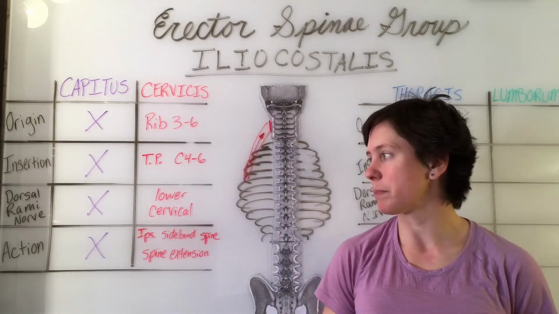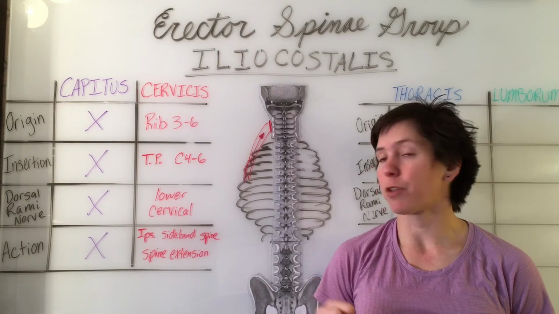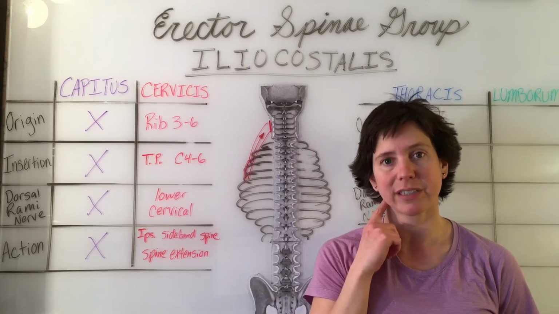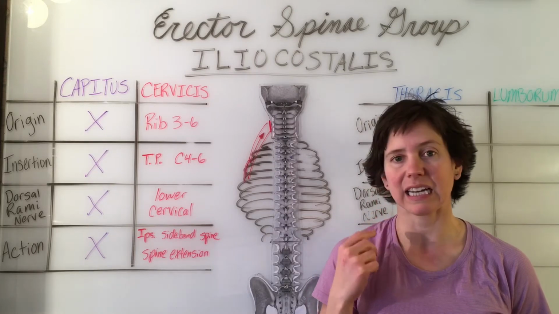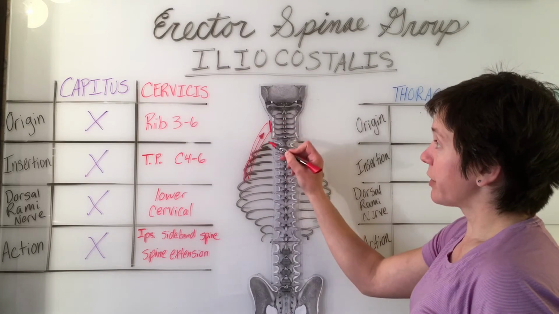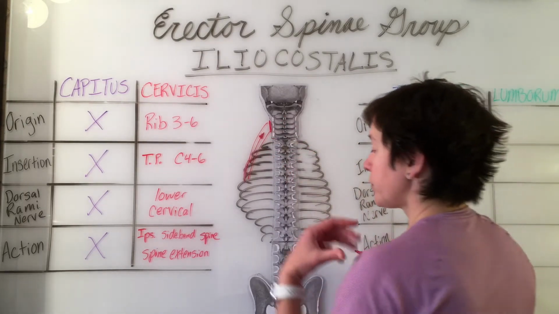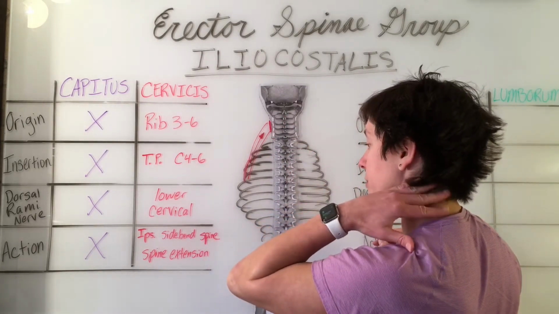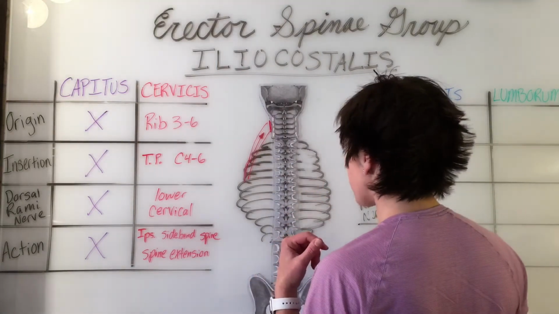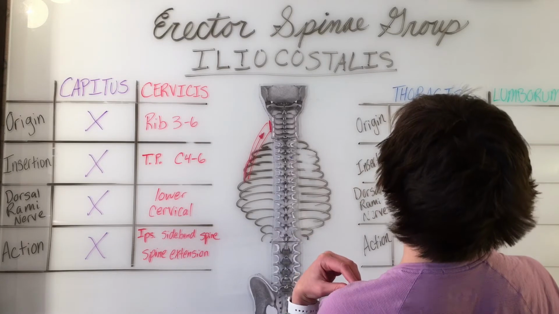It is innervated by the dorsal rami of the lower cervical nerves, and its action is ipsilateral side bending of the spine and spine extension. So here's our Iliocostalis cervicis. It will perform ipsilateral side bending of the spine as well as spine extension.